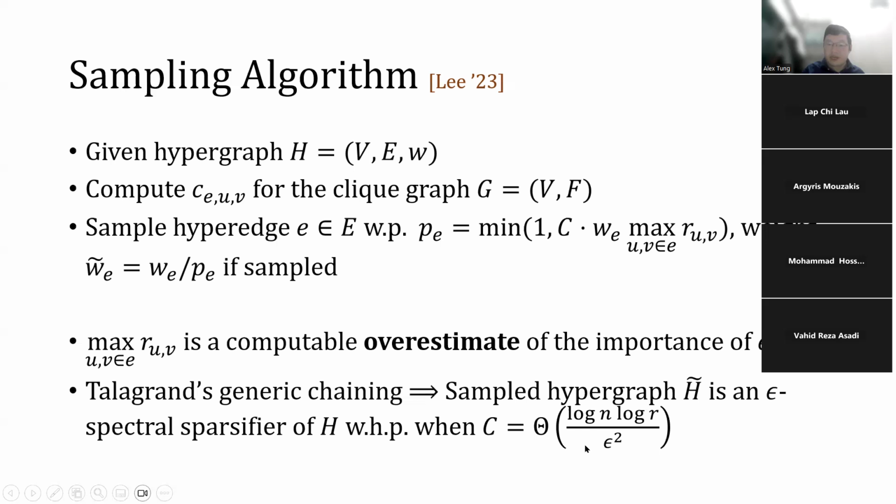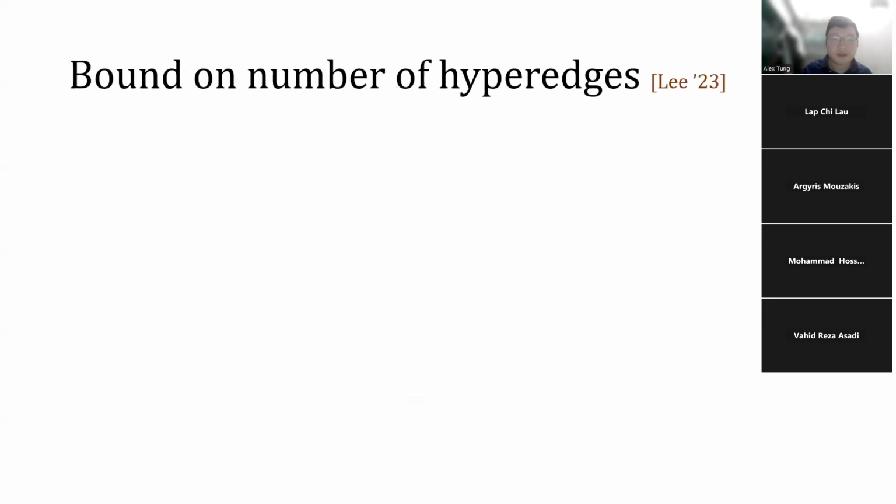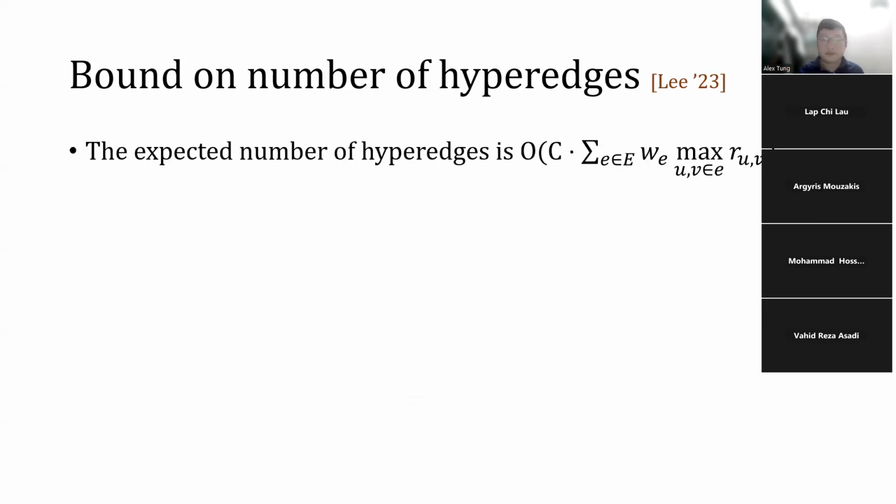The argument is pretty complicated here, but if you're interested, you can go to his paper. And then to bound the number of hyperedges, first of all, the expected number of hyperedges is the oversampling rate times this sum of max effective resistance.